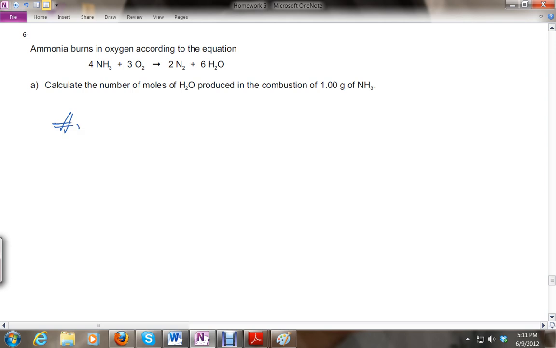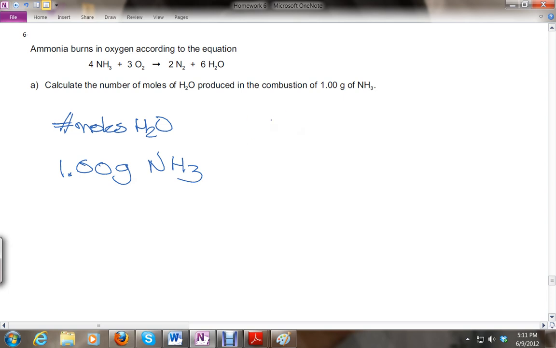So they're asking me for part A, moles of H2O produced in the combustion. Combustion is every reaction where oxygen is added. NH3, so we know it's going to be 3 grams.